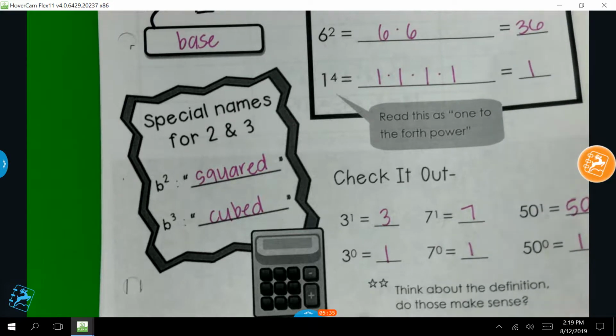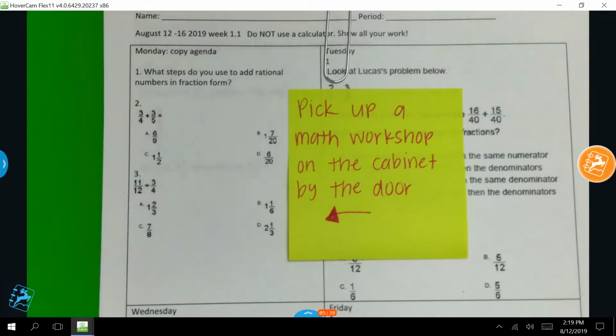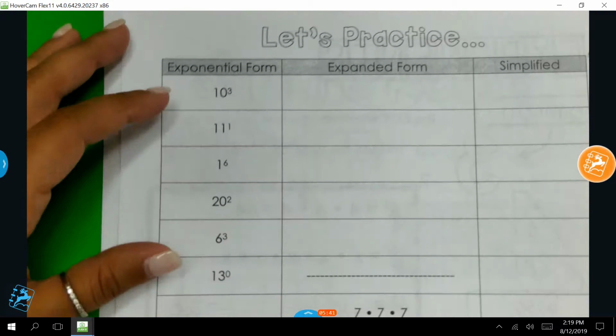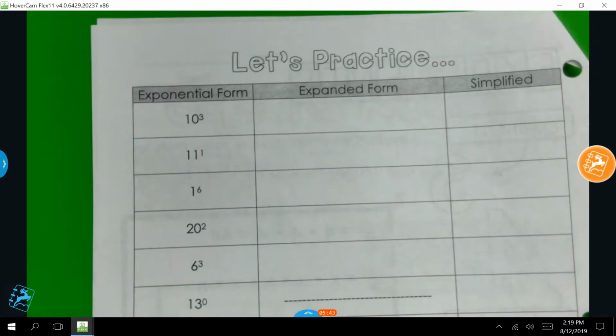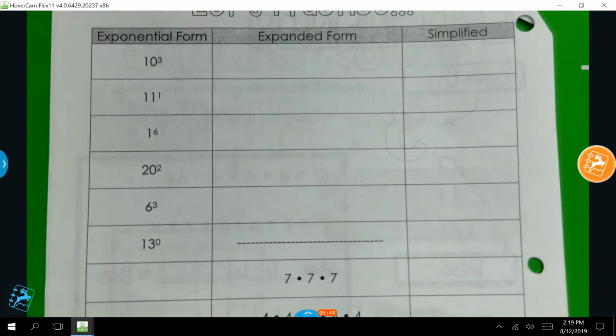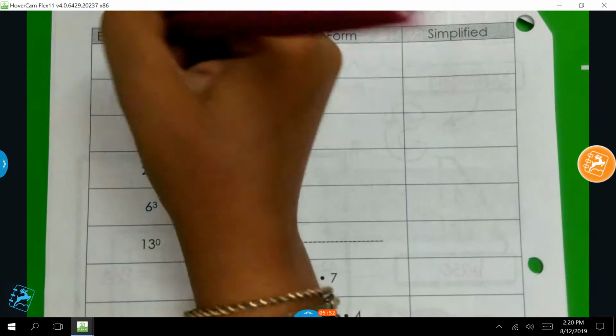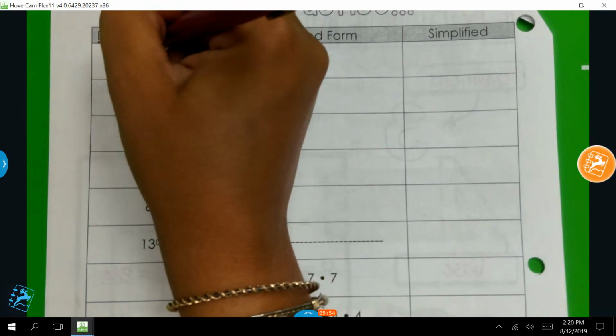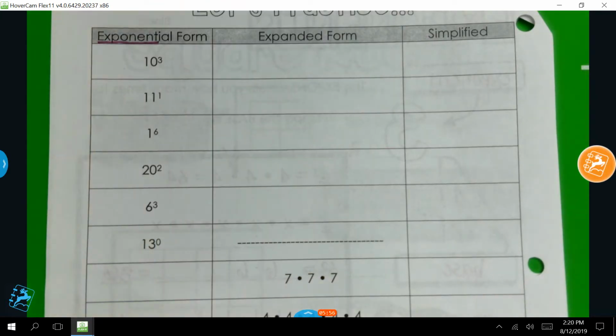Okay. Questions on that first page? Okay, flip over. Alright, so we've got 3 forms. We've got exponential form, expanded form, and simplified form. So, just like it sounds, exponential has an exponent in it. That means you will always have a number raised to a power. You'll have an exponent.